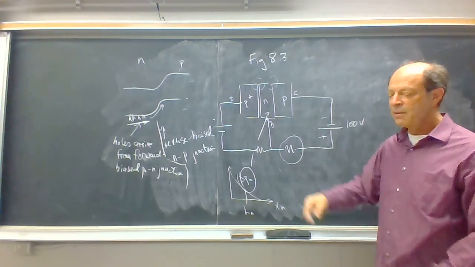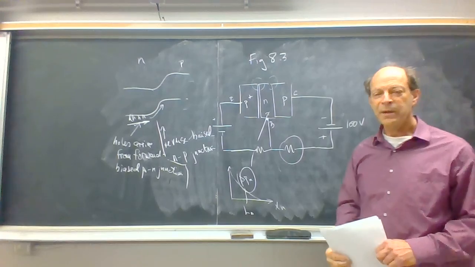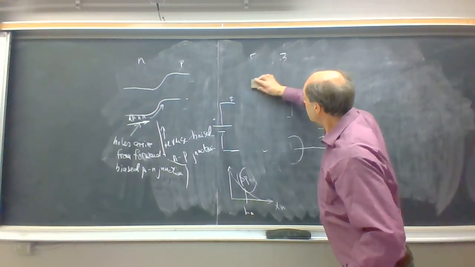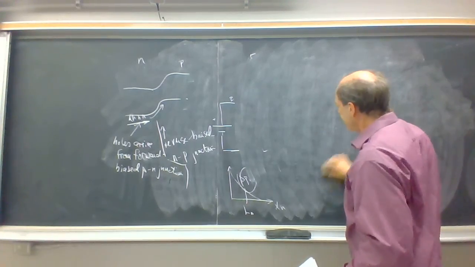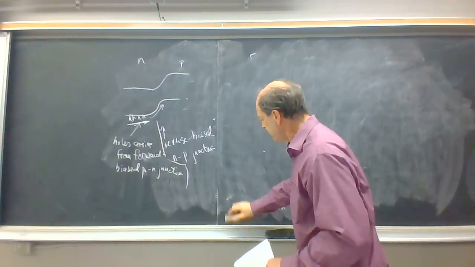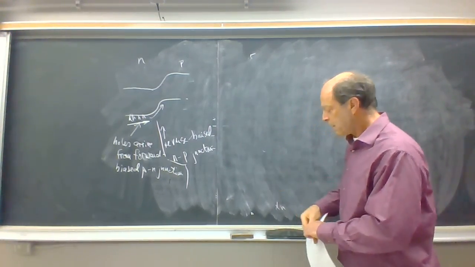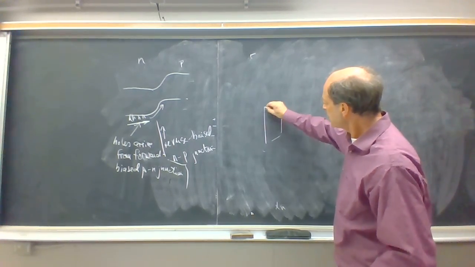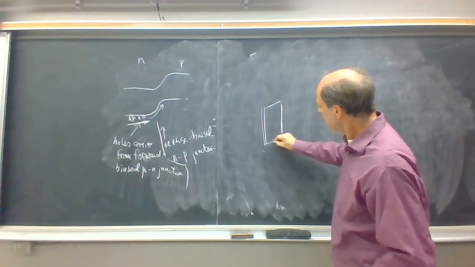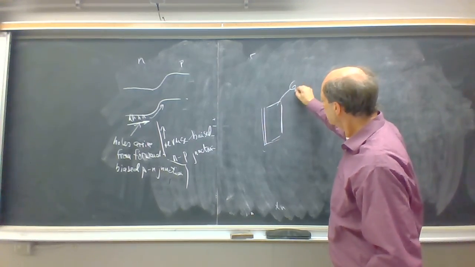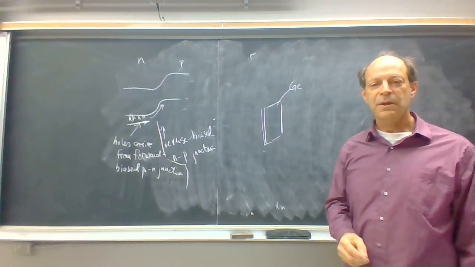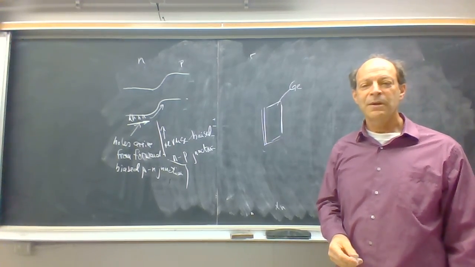And the reason for the name base arose from the original Bell Labs invention. In the experiment, they had a slab of germanium. Germanium was a semiconductor which actually predated silicon.